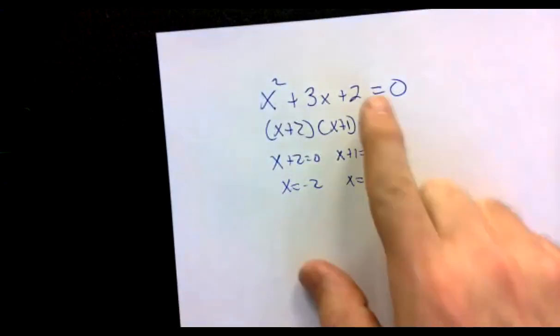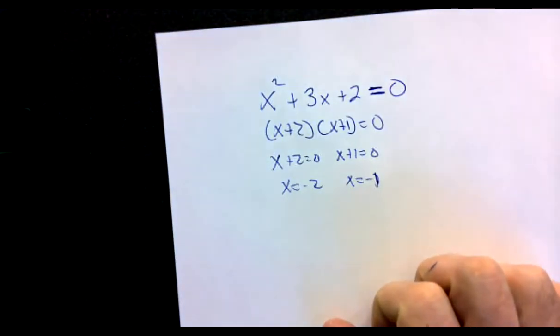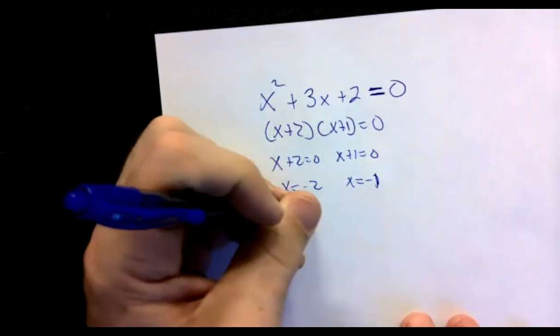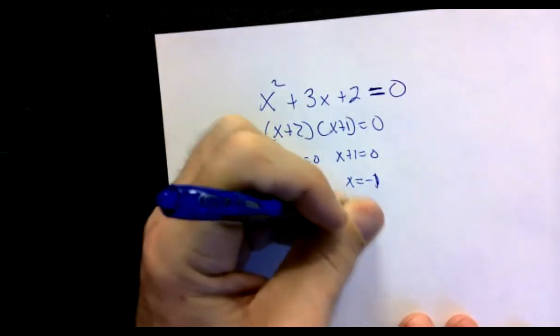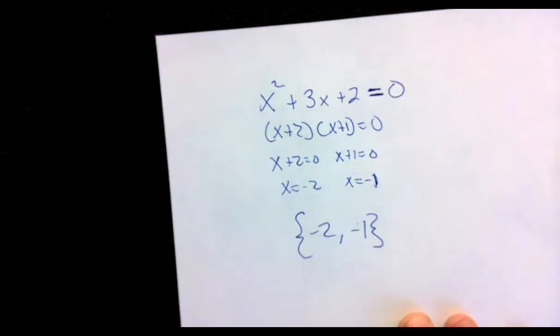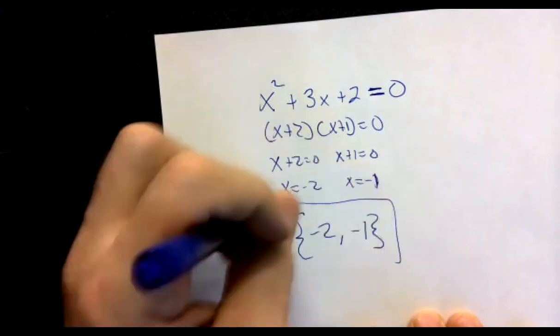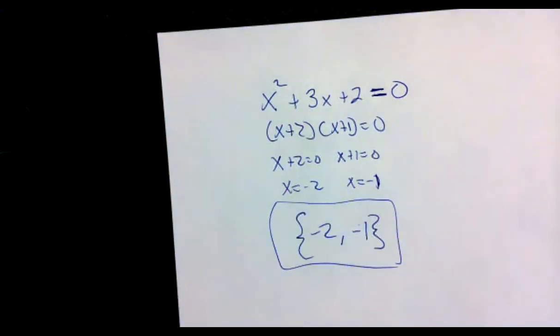The only difference is if it actually equals 0, so if it is not an inequality, when you write your solutions, they just do it as a set of numbers. So it's going to look like this. And it's just a goofy thing that they throw in my math lab to get you.